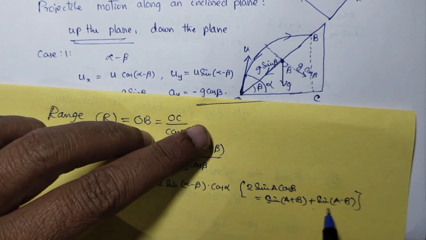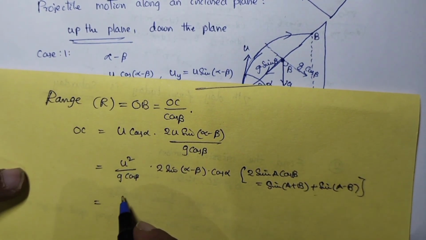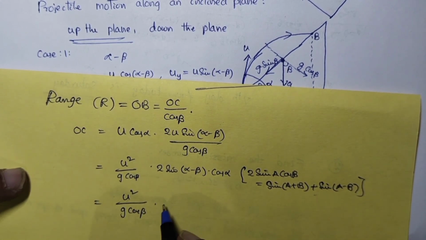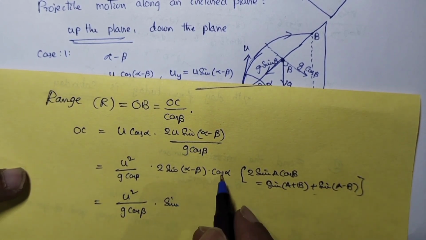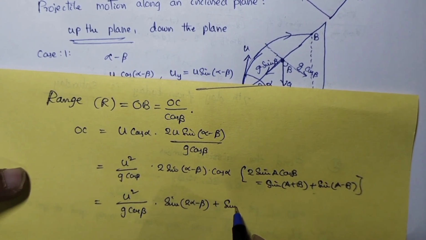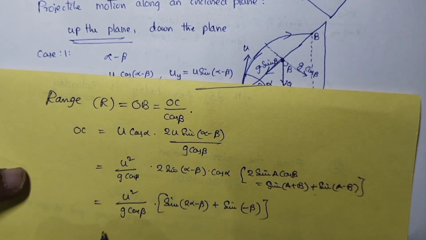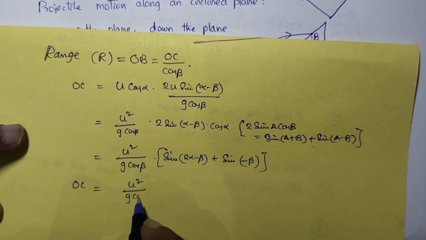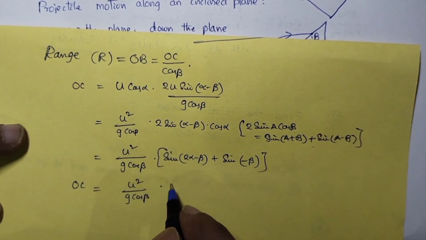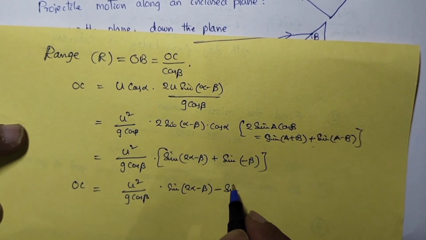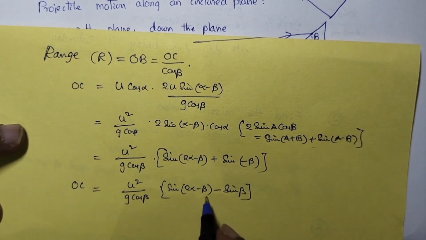Let us use this formula here. Then we get u square by g cos beta into sin(2 alpha minus beta) plus sin(minus beta). So OC is equal to u square by g cos beta into sin(2 alpha minus beta) minus sin beta. This is OC.